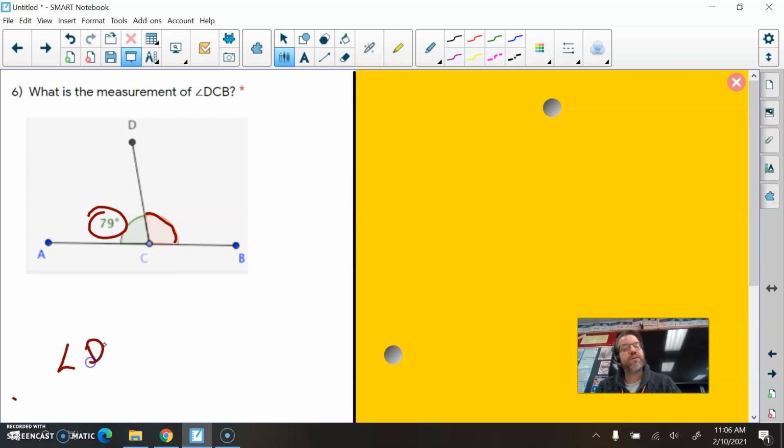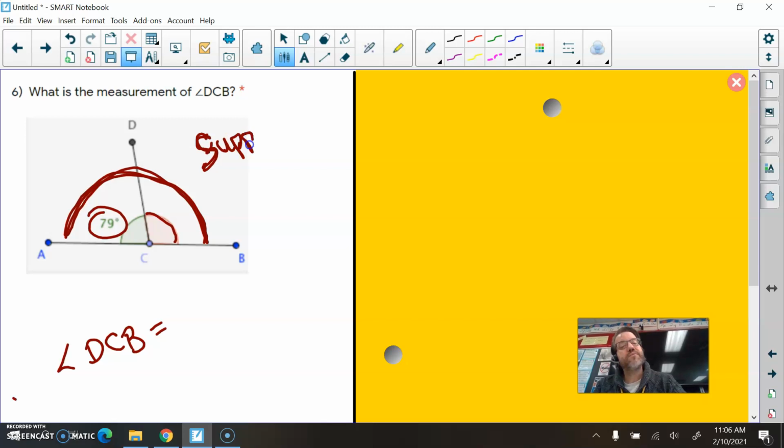Angle DCB equals some number of degrees. What you'll notice is these 2 angles that are adjacent to each other together are forming a straight line, line ACB. If you take this angle measurement and add it to this angle measurement here, it'll be 180 degrees. These are known as supplementary angles.